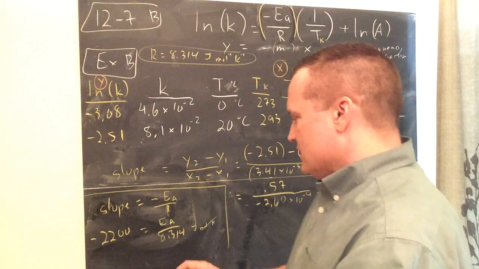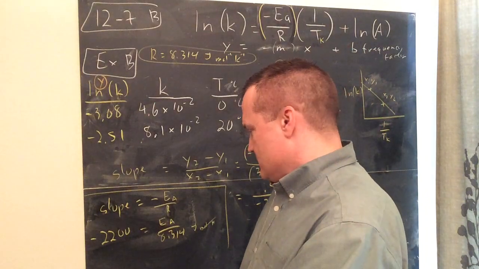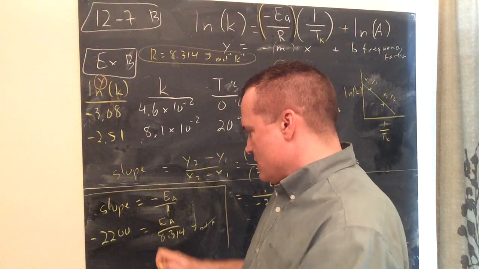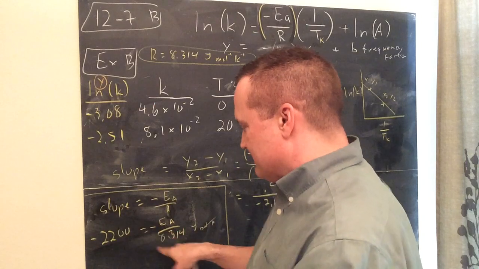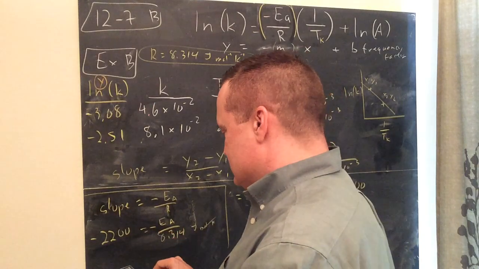Okay, so 2200 times 8.314, and that's a negative, by the way, so it's going to end up being positive.